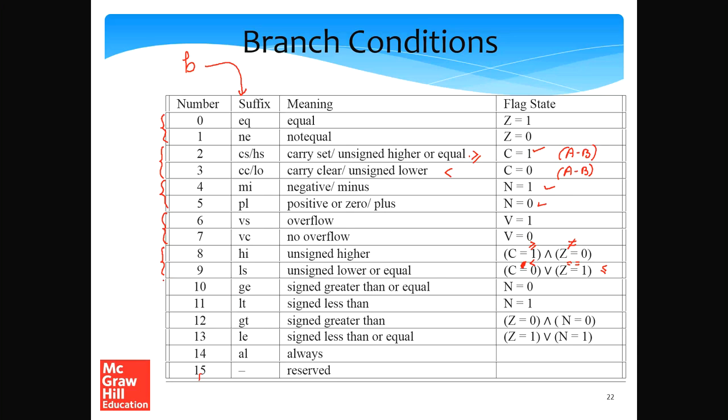Now let's consider some signed operations. GE is signed greater than or equal. I do the same thing: I interpret both 32-bit numbers as signed numbers and perform a subtraction.